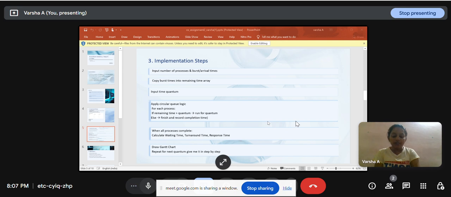If the remaining time is less than or equal to the quantum, the process finishes and its completion time is recorded. Next, the Gantt chart is drawn after each execution step. This process repeats until all processes are completed. Finally, waiting time, turnaround time, and response times are calculated.